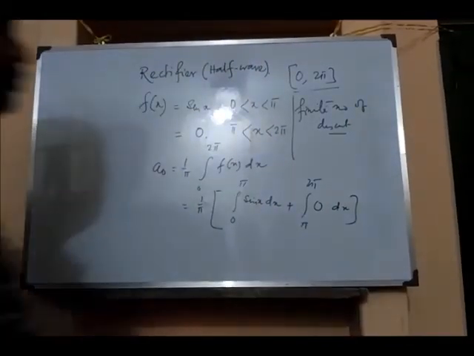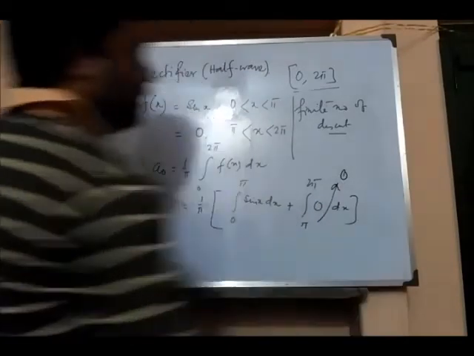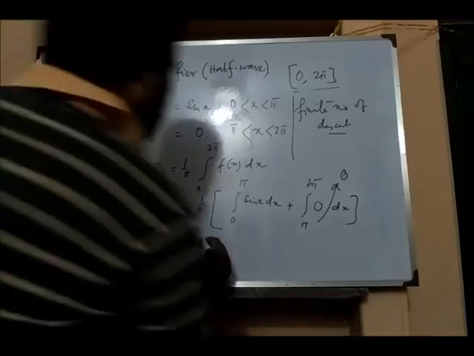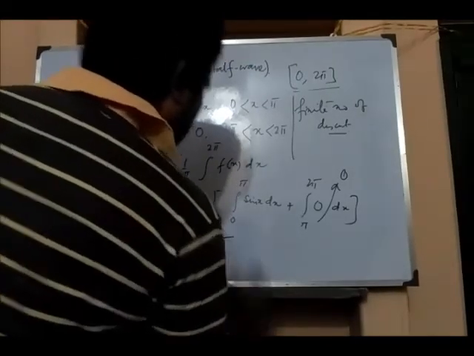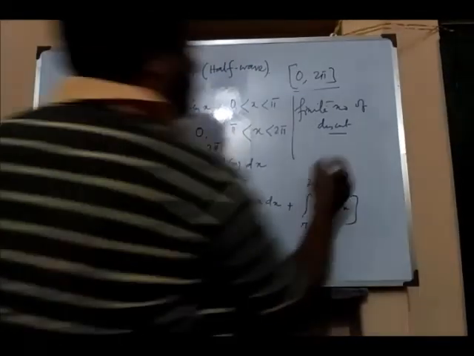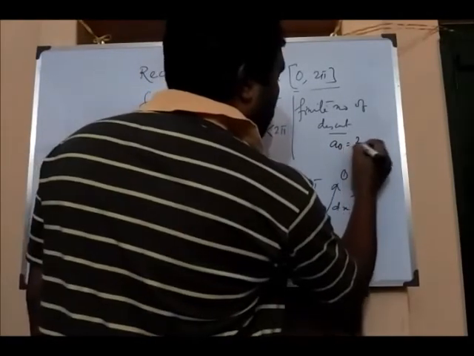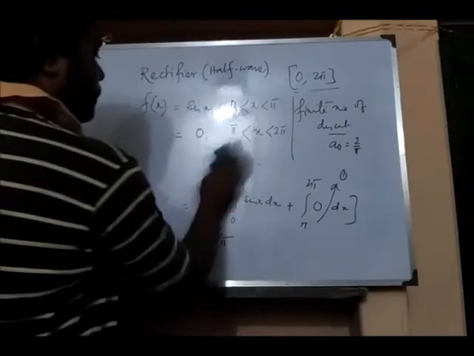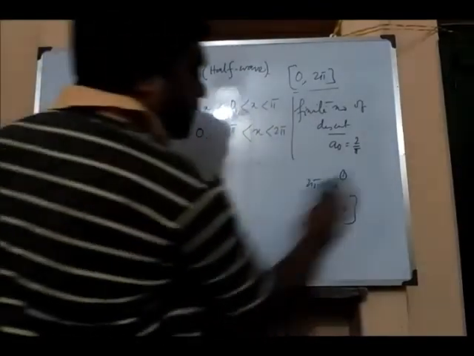Right? So this part becomes 0. Now what is the value of integration of sin x dx? This will be 2. So this becomes 2 by pi. So a0 will be 2 by pi. Now, what is the value of this an?